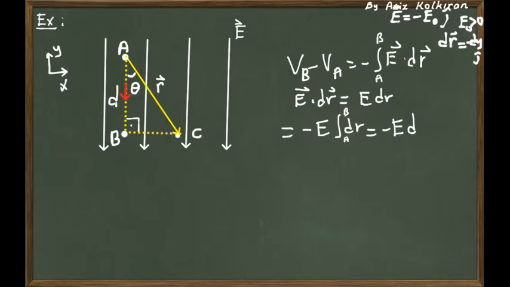Alright, let's talk about another potential difference, the difference between C and A this time. The potential difference between C and A, VC minus VA, is going in this electric field from A to C. Alright, let's write down this integral.